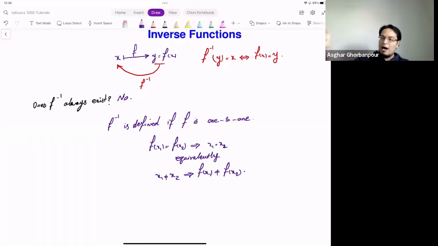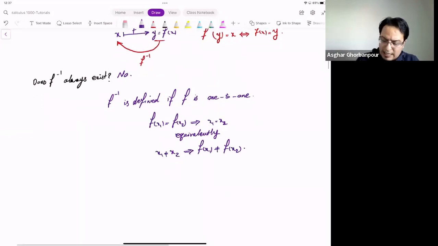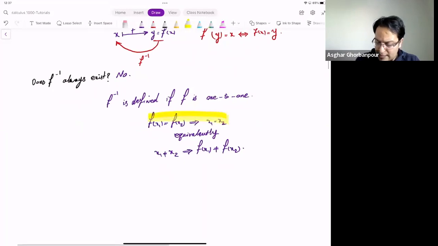For every output of the function f, we have a unique input, which f inverse will take as an output of that value. Well, to check one-to-oneness of a function, you can use either of these properties. These are the same thing, and you can use either of them.